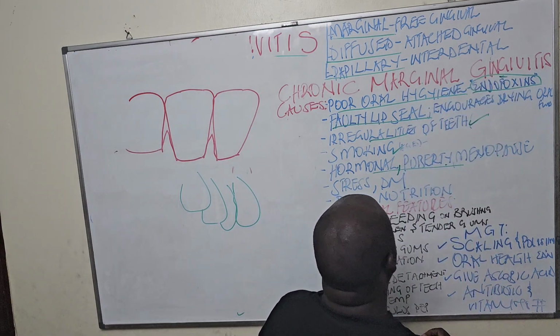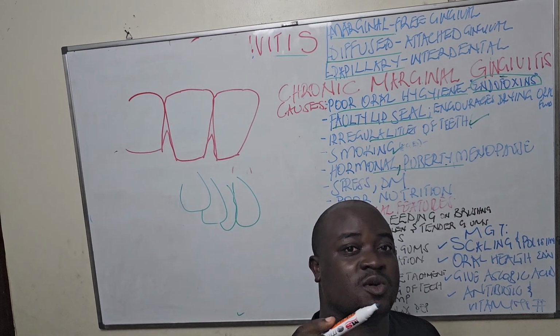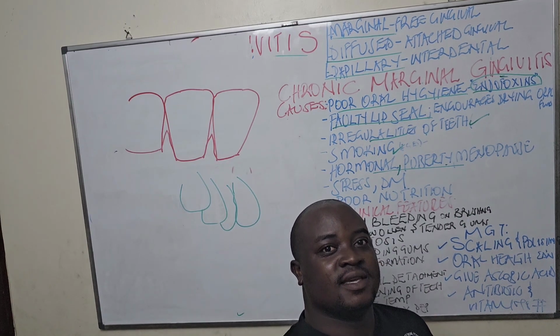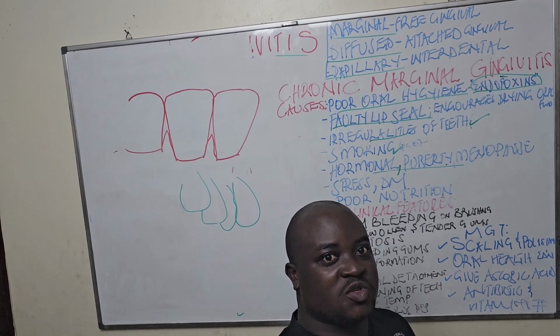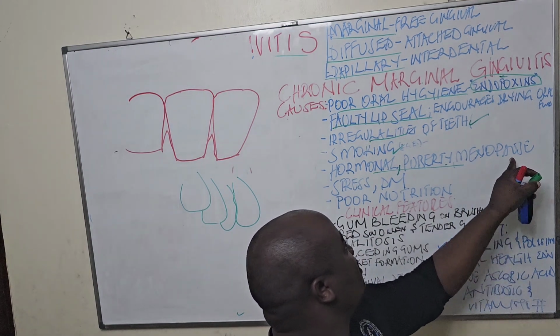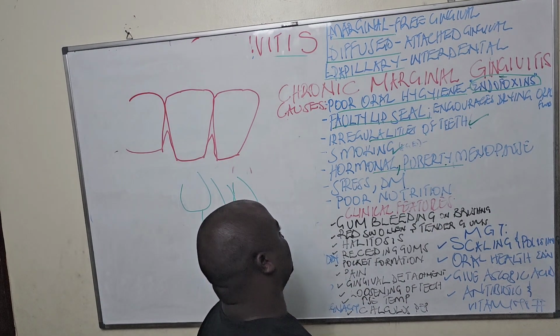Bleeding of the gum. When it is bleeding of the gum, it is always very good to take a history, whether somebody is in a menstruation period or menopause or any of these puberty periods.